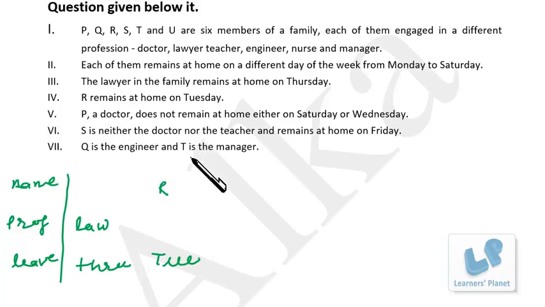P, a doctor, does not remain at home either on Saturday or Wednesday. S is neither the doctor nor the teacher and remains home on Friday. So S and Friday combination.